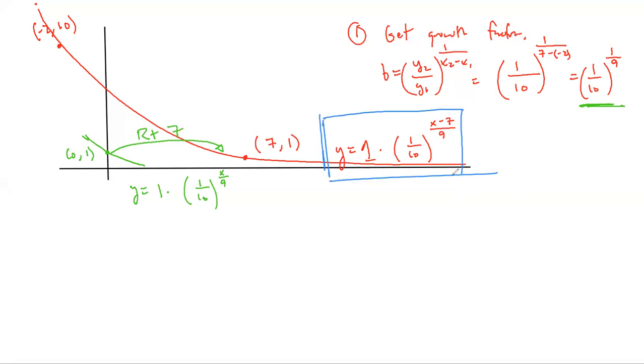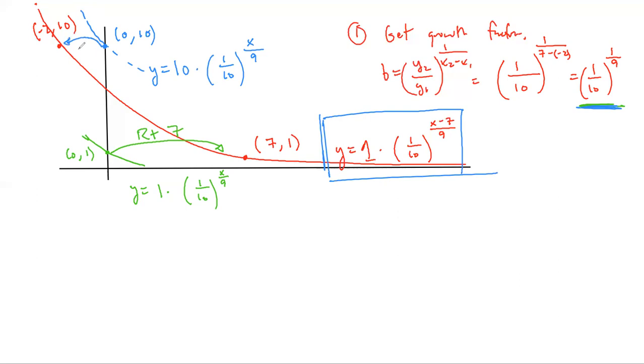The other possible formula that we could use here, and this is certainly a valid formula for our function, would be using this point right here, and that point would be (0, 10). Exact same growth factor that we used previously. And so the formula for the blue would be y is equal to 10 times 1/10 raised to the x over 9. But I don't want the blue curve. I want the red one.